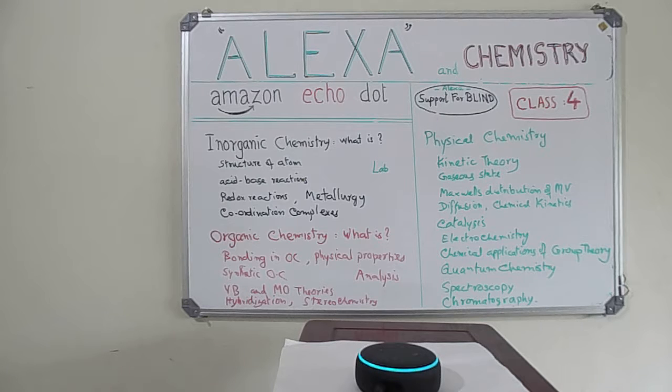Molecular orbital theory is usually defined as a method of determining the structure of a molecule by assuming that electrons are not fixed to bonds between individual atoms. Alexa, very good.